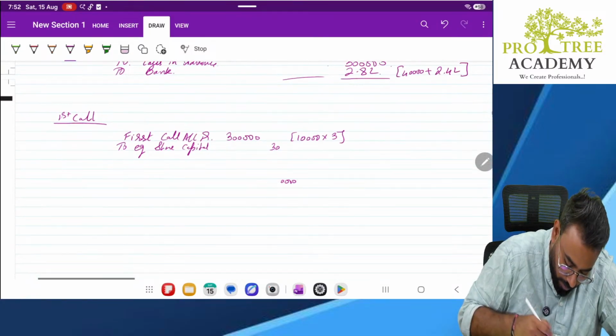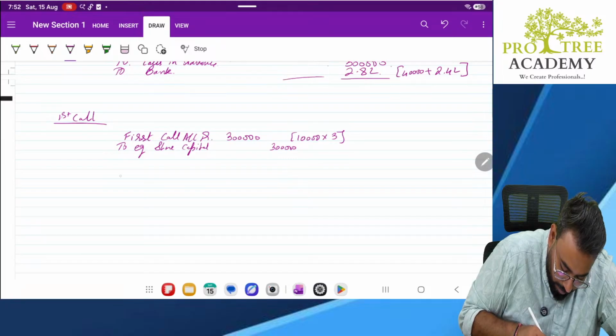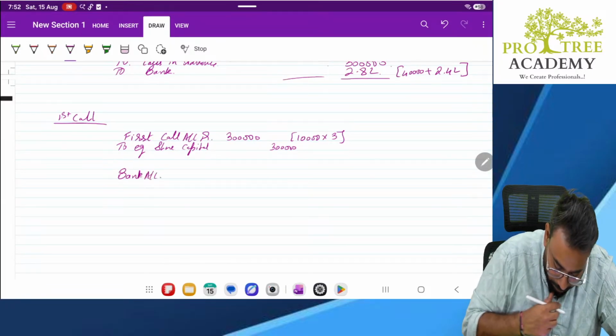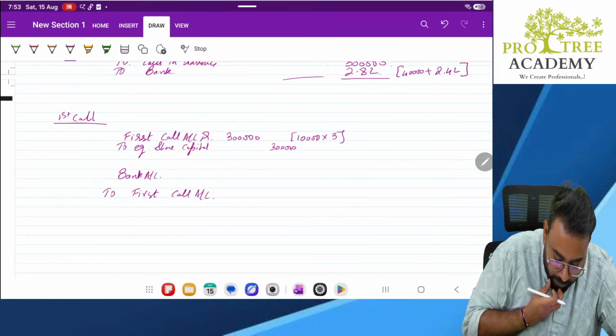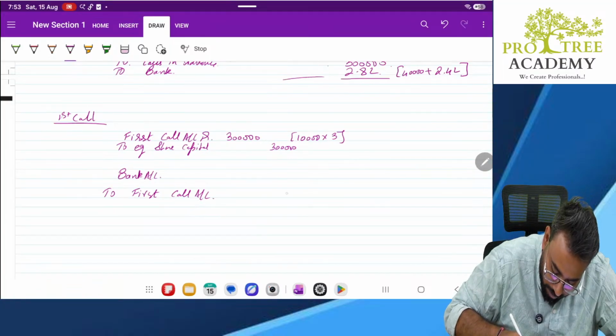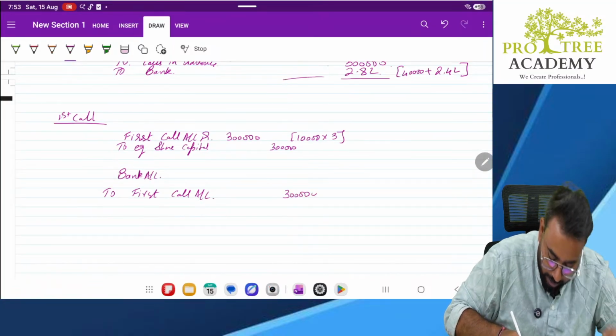Okay, good. Now you will receive the money in bank account. Yes, sir, I will receive the money in bank account. To first call will be adjusted. Yes, sir, first call account will be adjusted. How much? 3 lakhs. Correct?